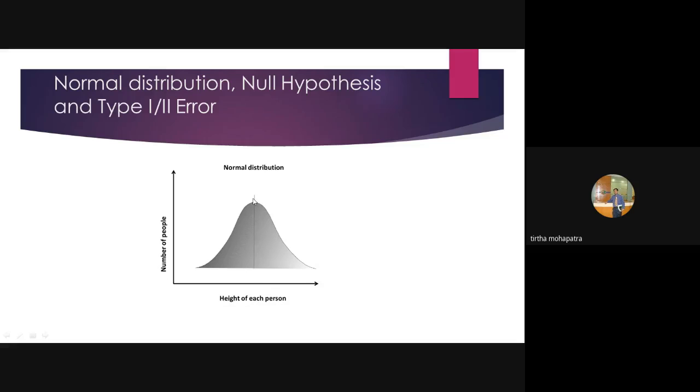If most of the people have higher heights, this would have been positively skewed. If they have shorter heights, this would have been negatively skewed. A perfect normal distribution is when you have equal proportion. Average people have to be in significant numbers. This is the normal distribution.